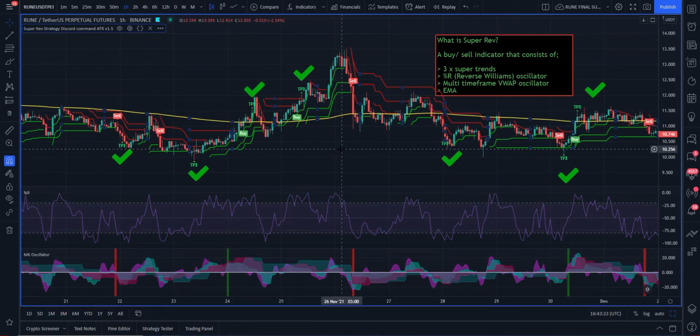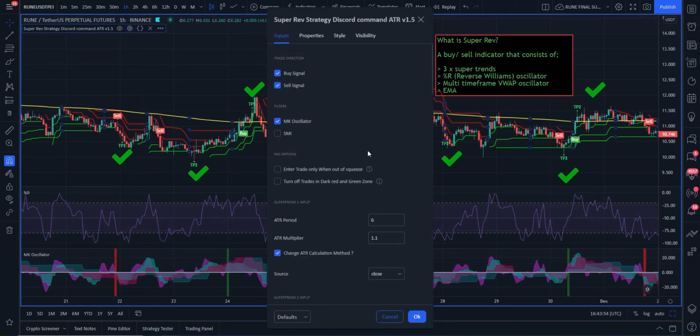For shorts, you'll only get a sell signal if the price has broken at least 2 Supertrends, if the percent R is below -80 or bearish, and if the MK oscillator, all 4 time frames, are also bearish. So you've got several confirmations there. You've got the Supertrend, the percent R, the multi-time frame VWAP oscillator, the MK oscillator, and price below the EMA. And again, all of this can be tweaked in the settings.